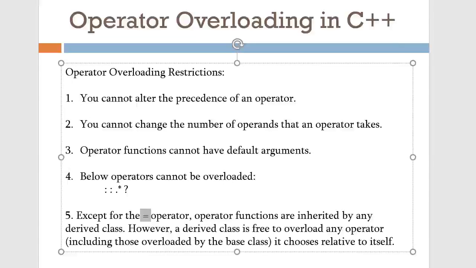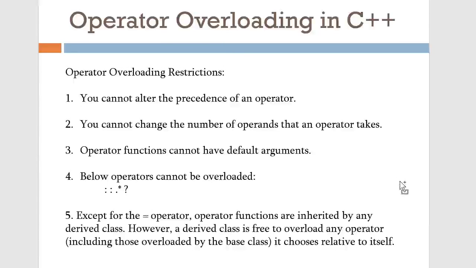However, a derived class is free to overload any operator, including those overloaded by the base class, relative to itself. So these are a few restrictions applied to operator overloading.